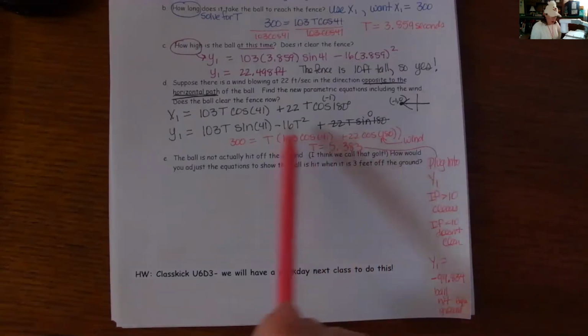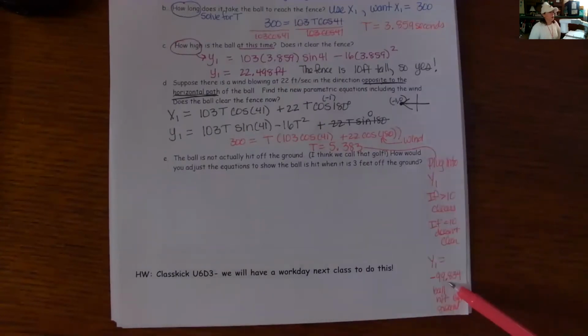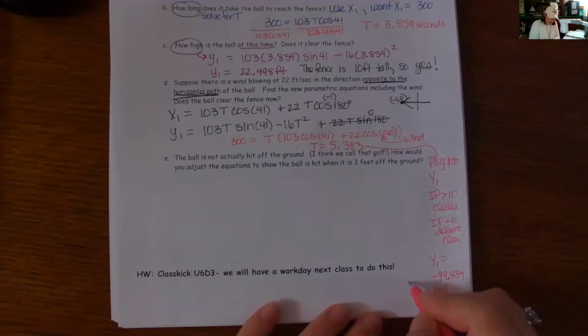So your equation's telling you that it would have taken 5.383 seconds to reach the wall, but what does your height tell you? We hit the ground before that ever happened, didn't we? So what does this tell us? Did we reach the wall and go over it? No. We hit the ground long before we got to that wall. So we did not clear the fence.